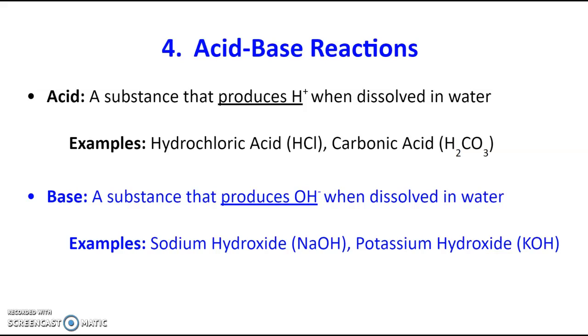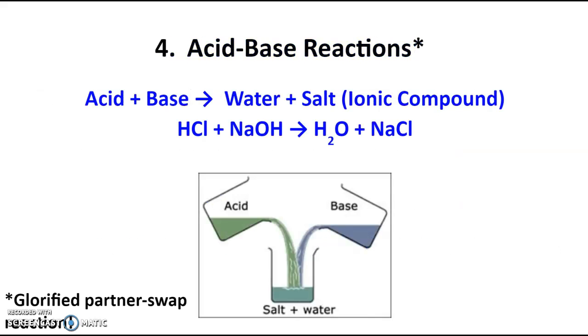In an acid-base reaction, the acid and base react with each other and they make water and some type of ionic compound, which we just call a salt. And this is really just a glorified partner swap reaction.